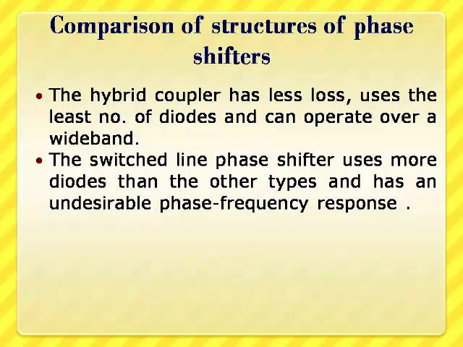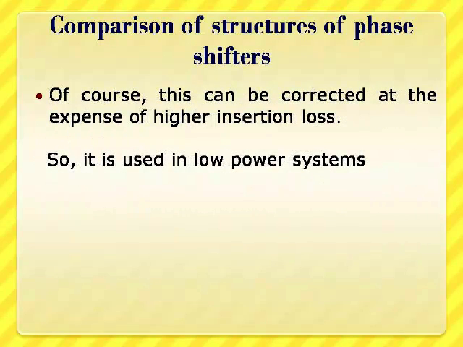The switched line phase shifter uses more diodes than the other types and has an undesirable phase frequency response. Of course, this can be corrected at the expense of higher insertion loss. So, it is used in low power systems.